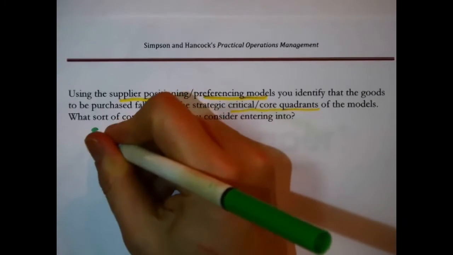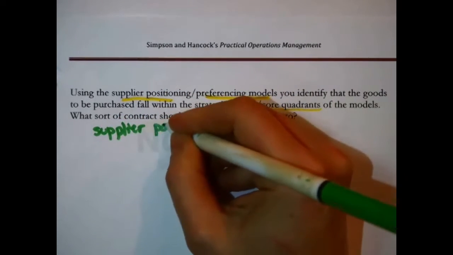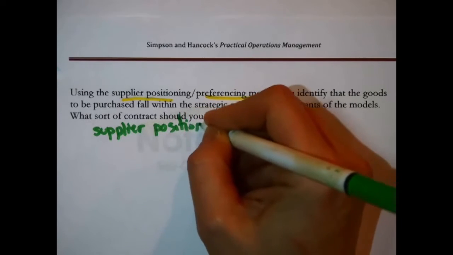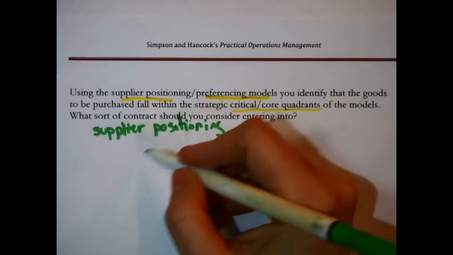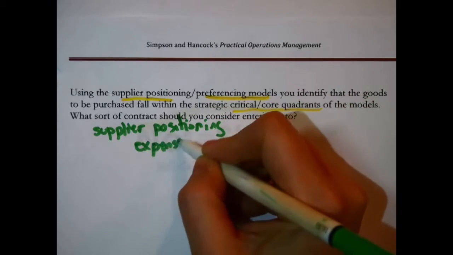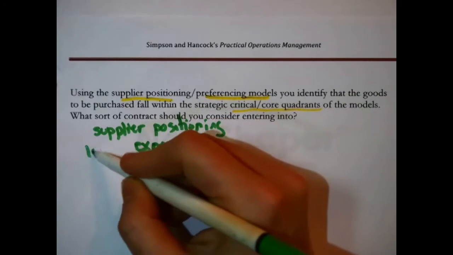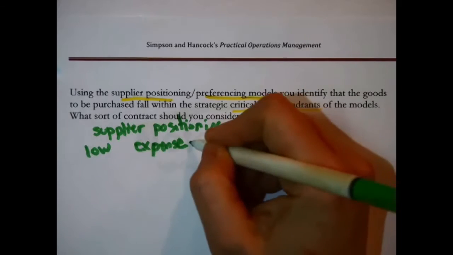Supplier positioning invites you to think about your purchasing first in terms of its expense. Annual expense, I'll just write expense. Whether it's a lot or a little, I wrote low and high.